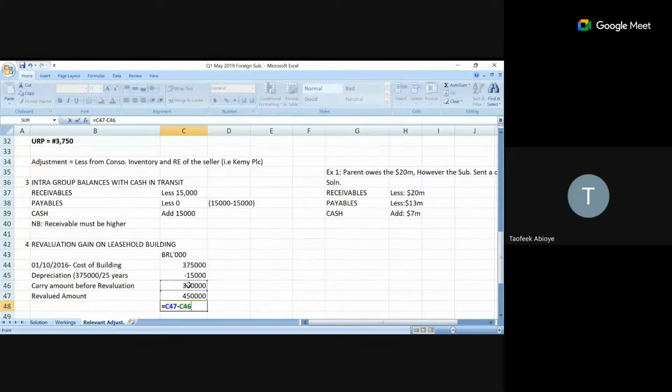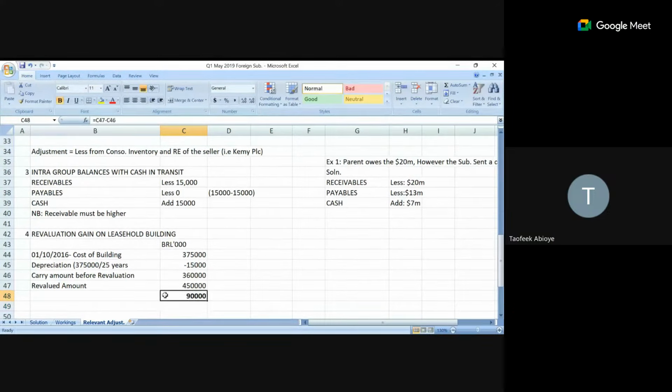A revaluation gain of 90,000. And that was the 90,000 that is in revaluation reserve. This surplus is accumulated in the reserve. That is how we got that 90,000 that is inside the balance sheet. It is this revaluation reserve, this 90,000.